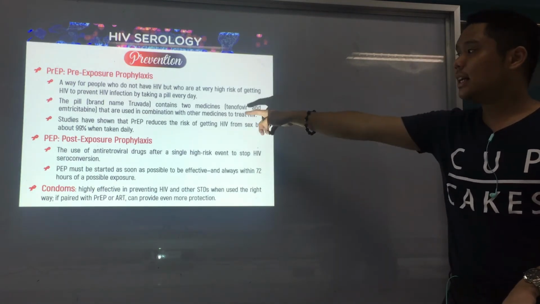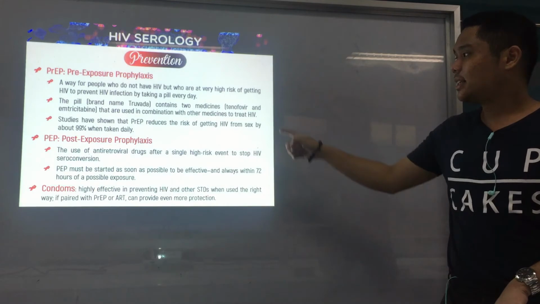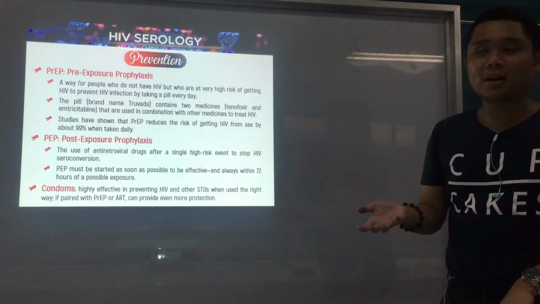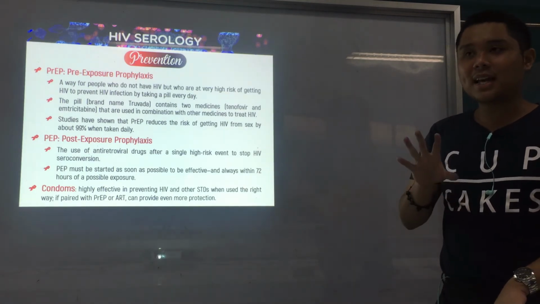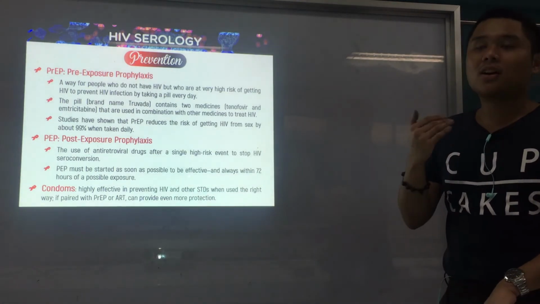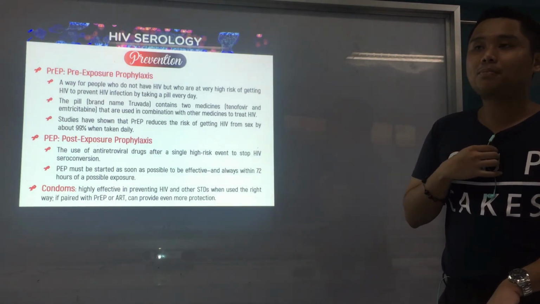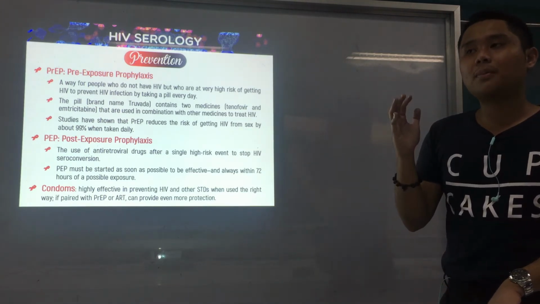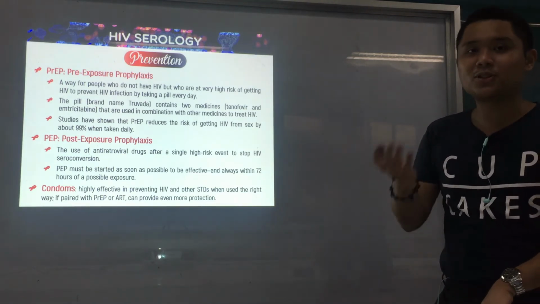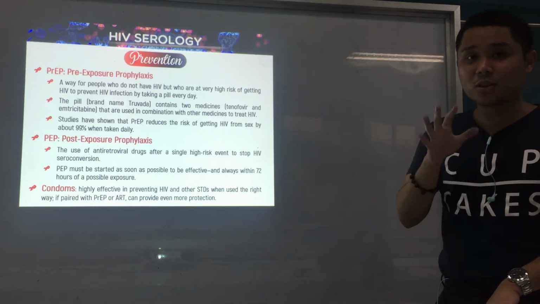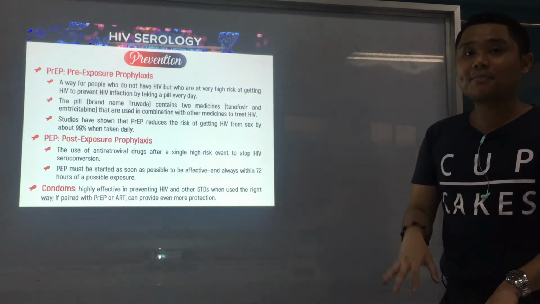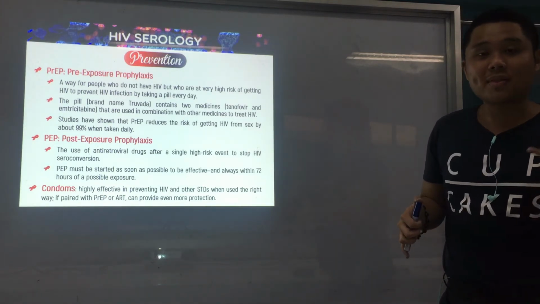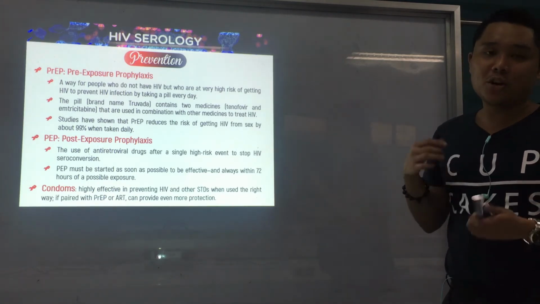So they take a drug known as Truvada, 2 medicines, tenofovir and emtricitabine, which are medications to treat HIV, a day for prophylaxis. For example, if you are a sex worker, if you are polygamous or promiscuous, you have those activities, so you take PrEP. And for post-exposure, if you are exposed to, for example, blood infected with HIV, you take that, again, to prevent the infection.